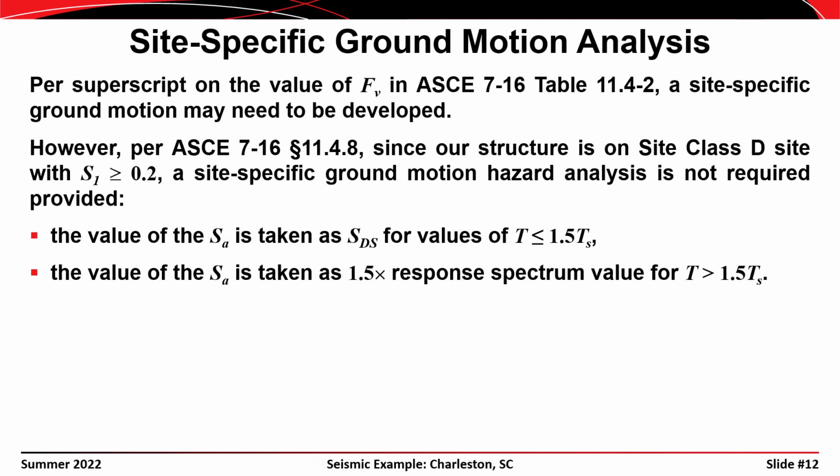However, per section 11.4.8, since our structure is on a site class D with S sub 1 greater than 0.2, a site-specific ground motion analysis is not required, provided that the value of S sub A is taken as S sub DS for cases where the period of our structure is less than 1.5 times T sub S, or provided that the value of S sub A is taken as 1.5 times the response spectrum value for a period T greater than 1.5 times T sub S.